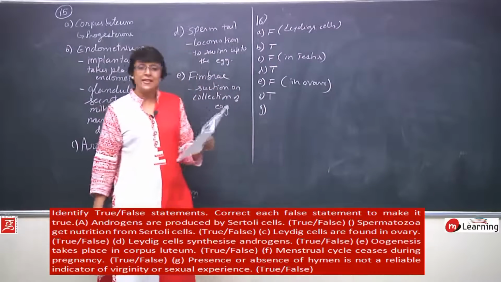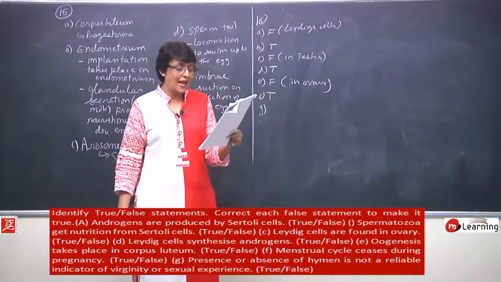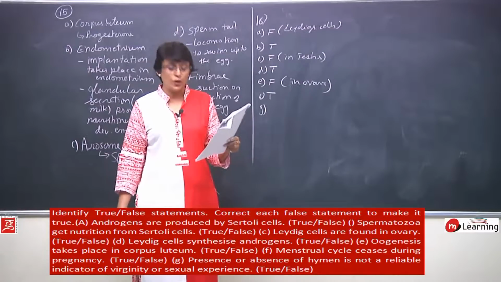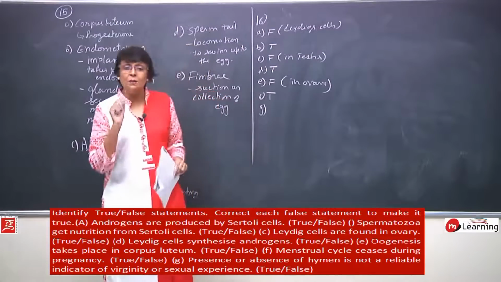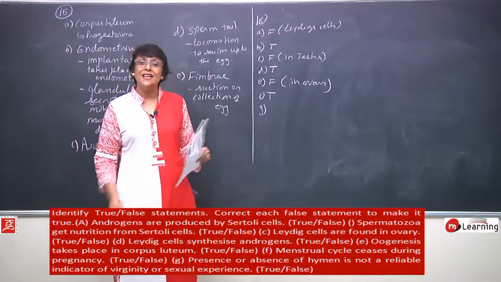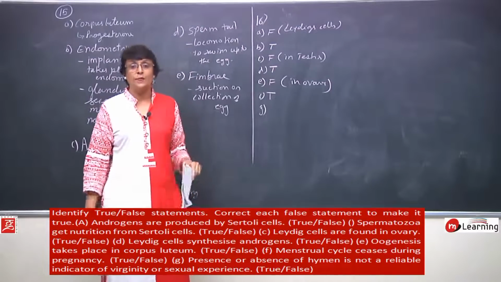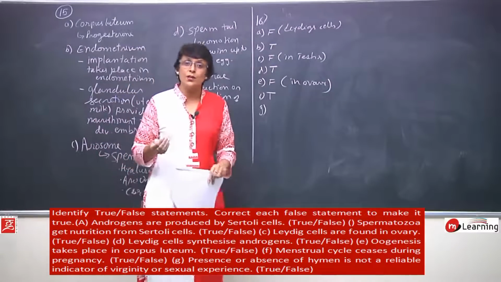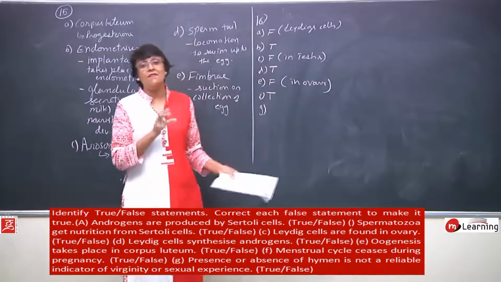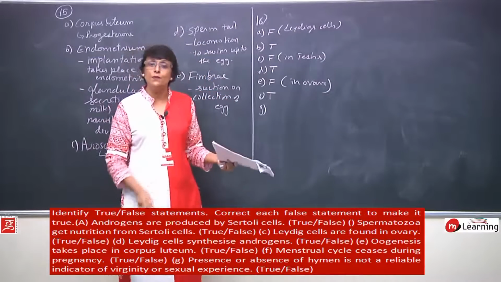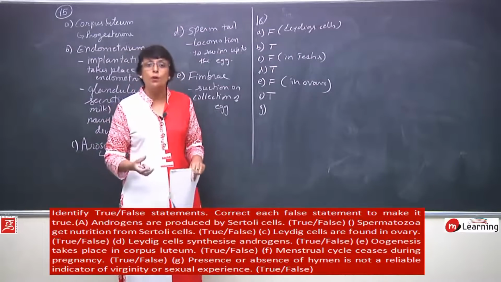Next, presence or absence of hymen is not a reliable indicator of virginity or sexual experience. Hymen is a thin membrane which is present at the opening of vagina. We said it ruptures on its own either during first menstruation or first intercourse or due to some very serious or rigorous type of physical activities like horse riding or football playing.